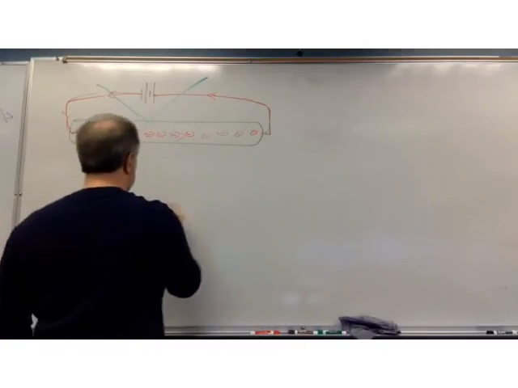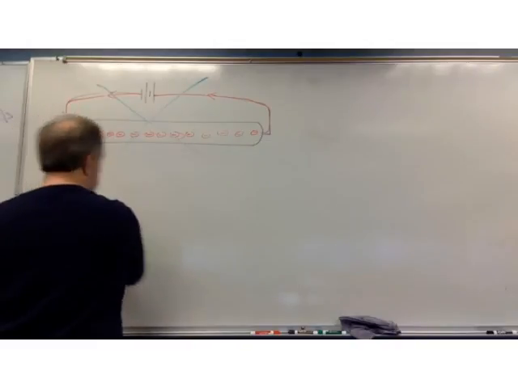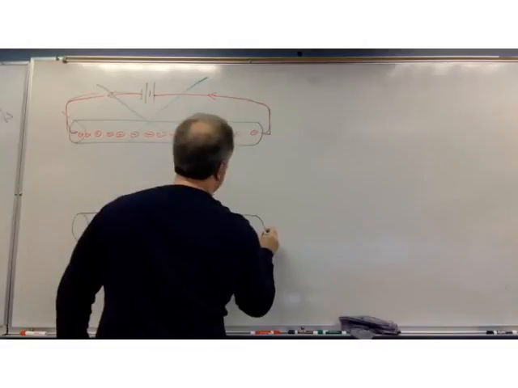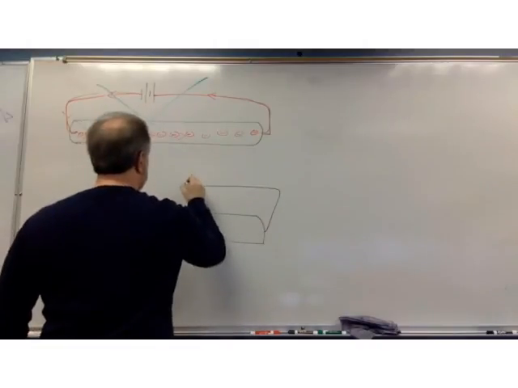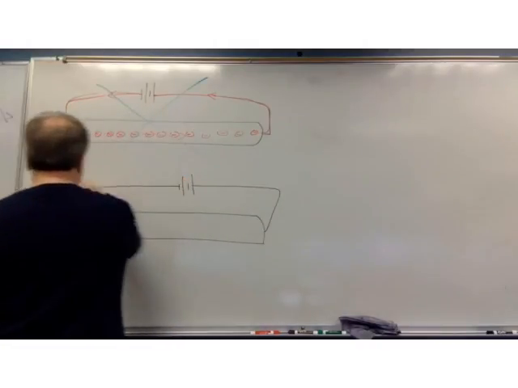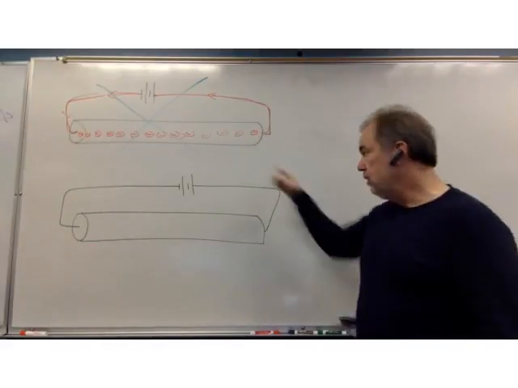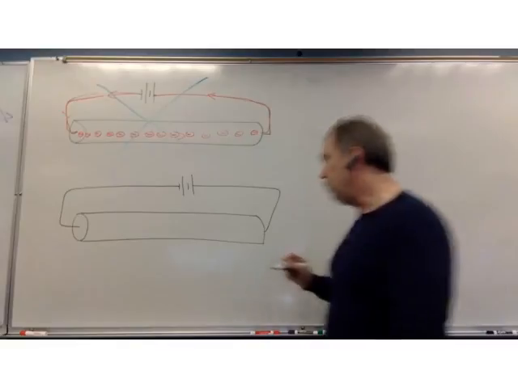Instead, by the way, I think I'll just go ahead and do that. Here's my magnified section of the wire, and then the rest of the wire goes up and connects to the battery. Again, this section here is just a magnified piece of a continuous wire.